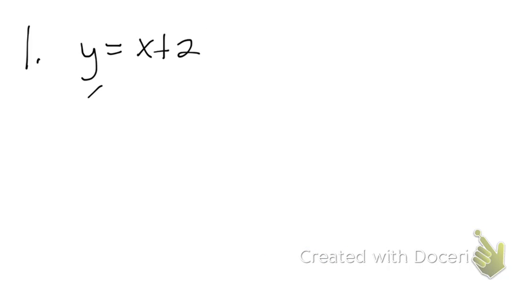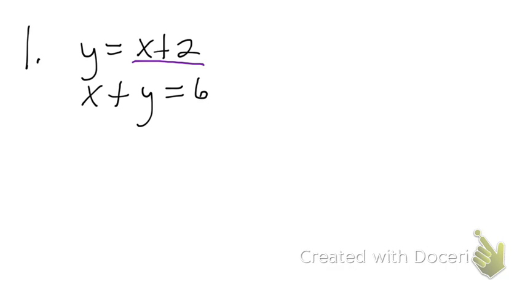So let's get started. If we have the system of equations y equals x plus 2 and x plus y equals 6, and we're going to solve this using the substitution method, well, as the word substitute would indicate, we're going to substitute.